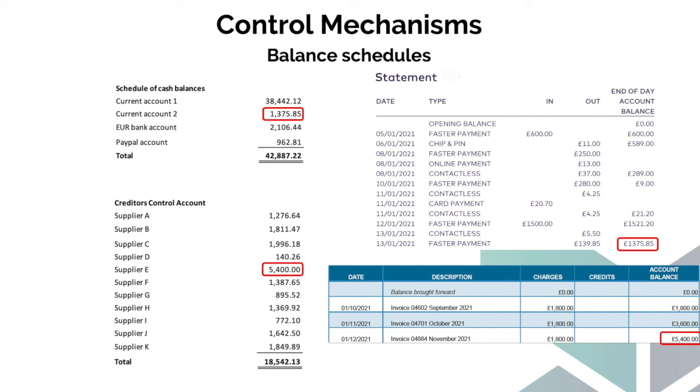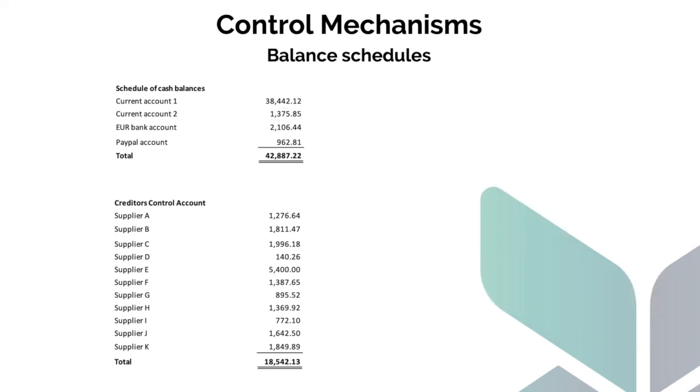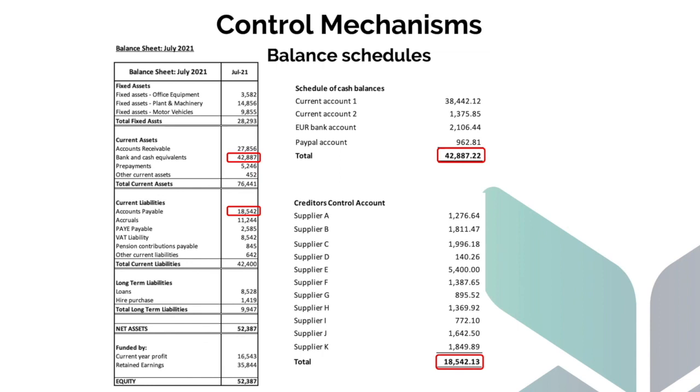So that means that these numbers, by definition, because they're the total of these numbers, have been reconciled to independent data. So we can now go back to here and say, right, these numbers have to be correct because we've reconciled them independently to external data.